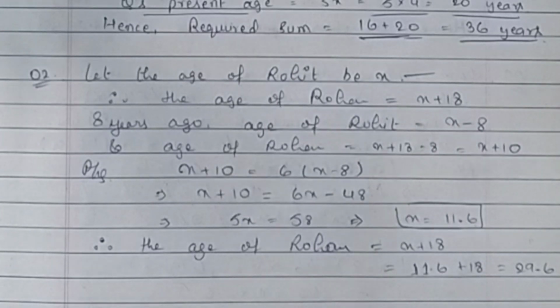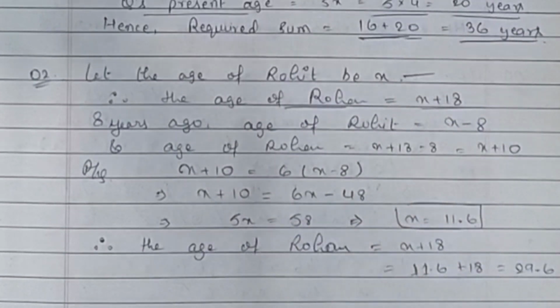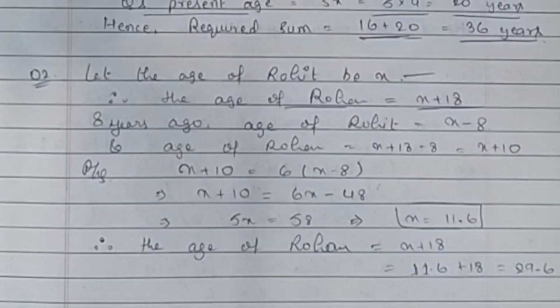The question says that Rohan is 18 years elder than Rohit, so we have assumed Rohan's age to be x plus 18, that is, Rohit's present age plus 18. So from the first statement we have assumed Rohit's and Rohan's ages to be x and x plus 18.